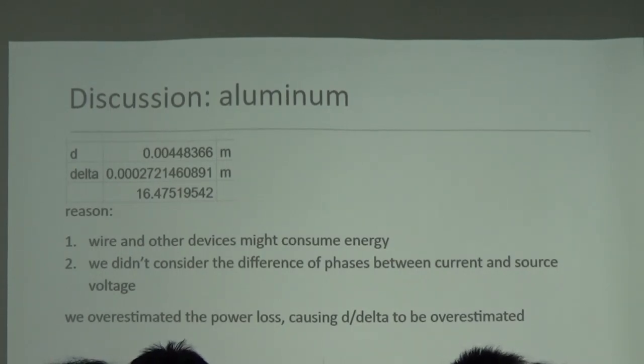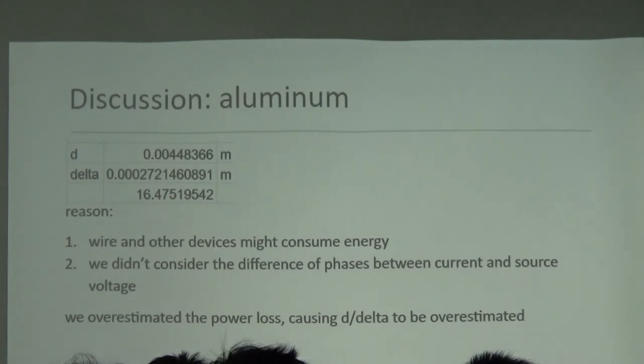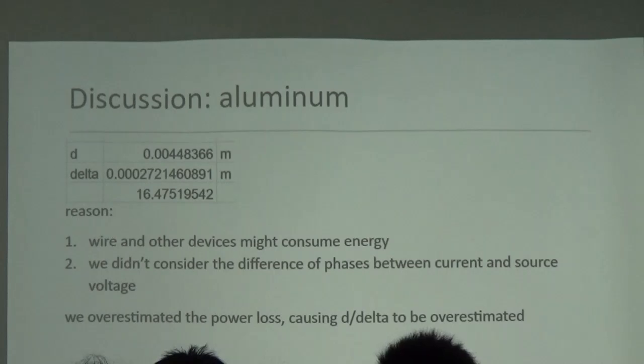We did consider it, but we did not accurately calculate. We only found a frequency which is around the frequency of the sine wave. So these are the 2 reasons why. And so we overestimated the power loss, causing D divided by delta to be overestimated.